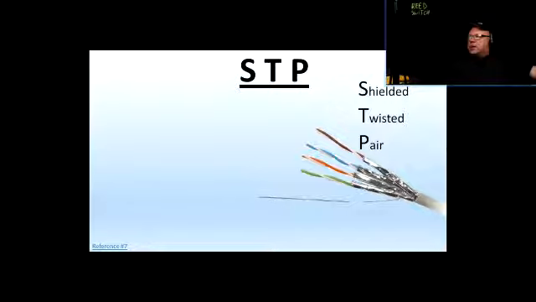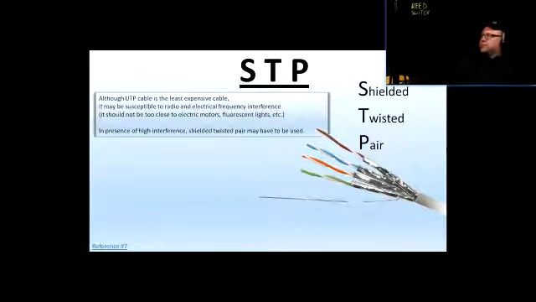So now, although the unshielded twisted cable is the least expensive cable, it might be susceptible to radio or electrical frequency interference. It should not be too close to electric motors, fluorescent lights, or anything that buzzes and makes noise. Other things that produce a lot of noise would be the thermostat control wires.